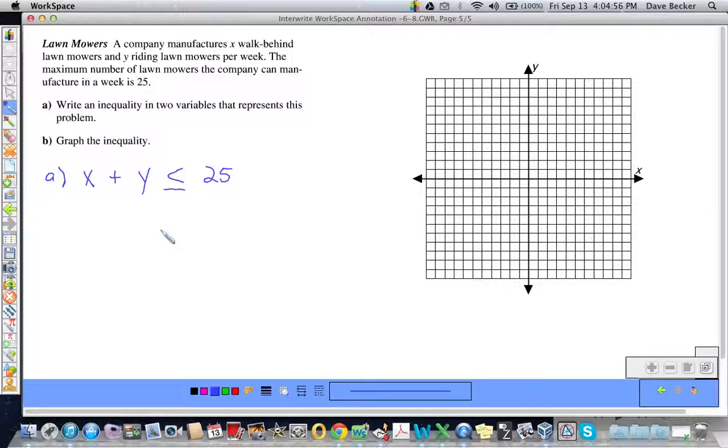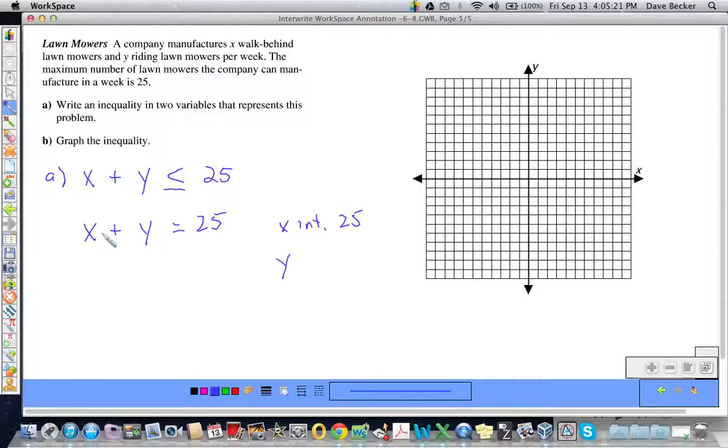Okay? And so then we're going to graph that inequality. So we're going to find out x plus y equals 25. The intercepts are pretty simple, because if y is 0, the x-intercept is simply 25, x equals 25.